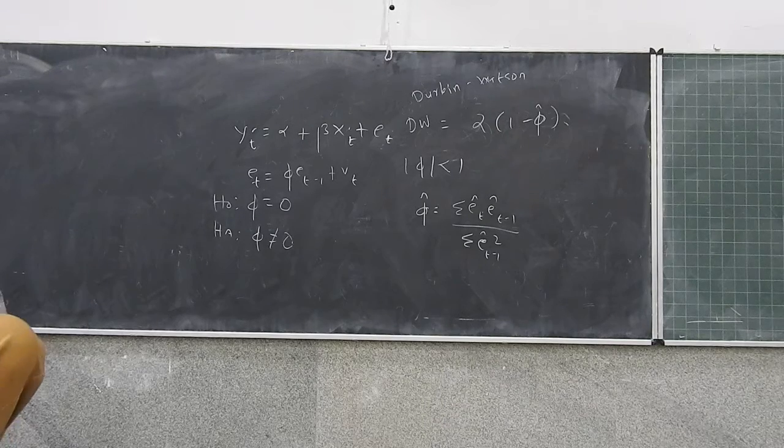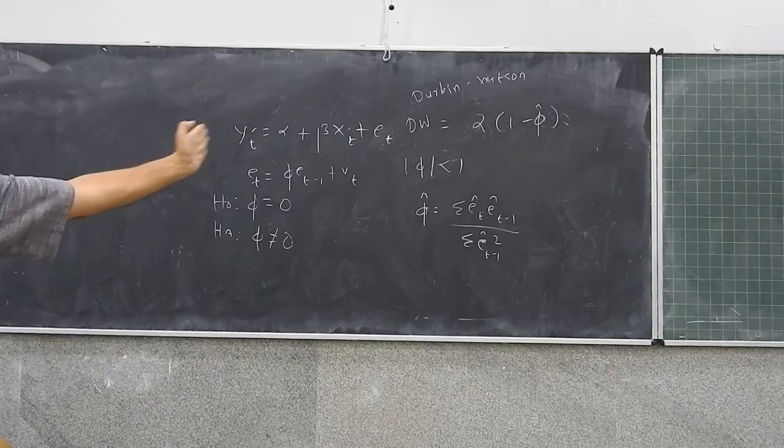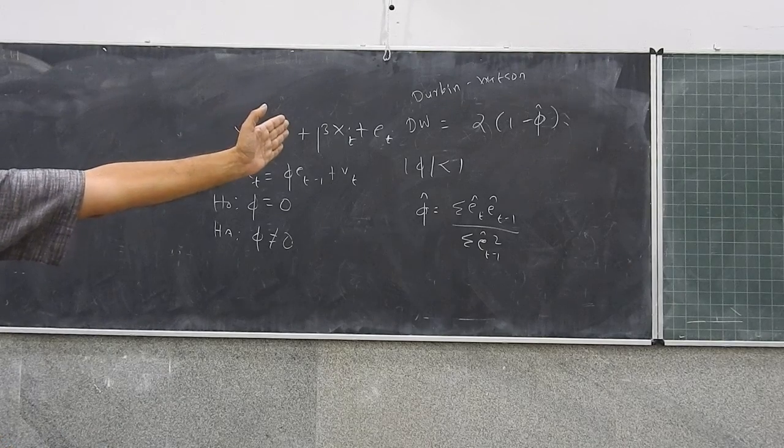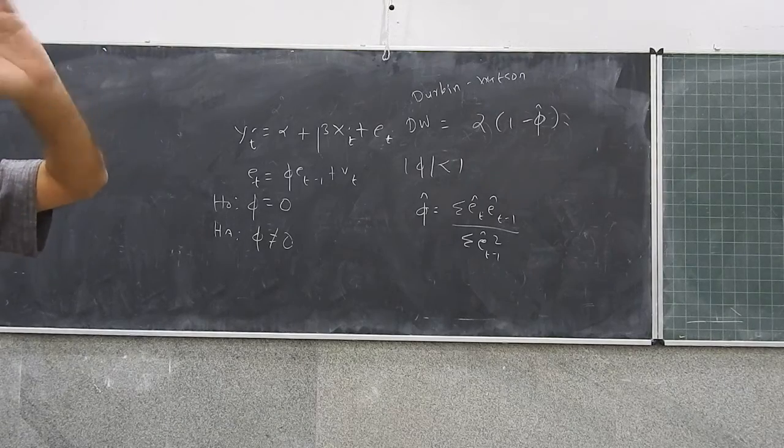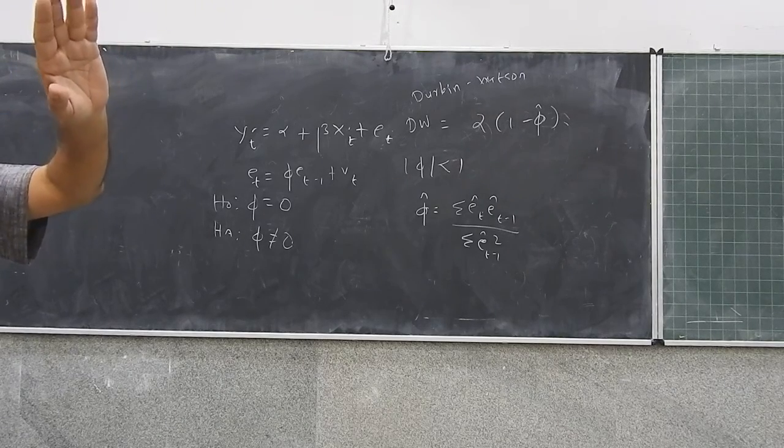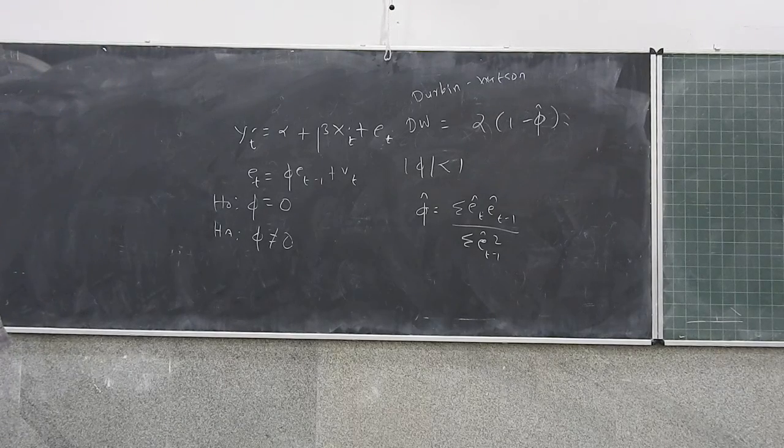See that there is no fixed distribution for Durbin Watson. The critical values depend upon the number of explanatory variables in the equation. So if the number of explanatory variables changes, the limit in the sampling distribution also changes. Therefore, for each number of explanatory variables, Durbin and Watson have given you certain critical values.